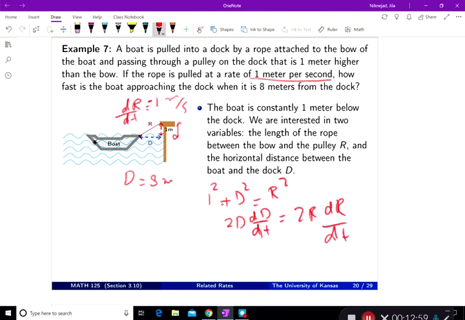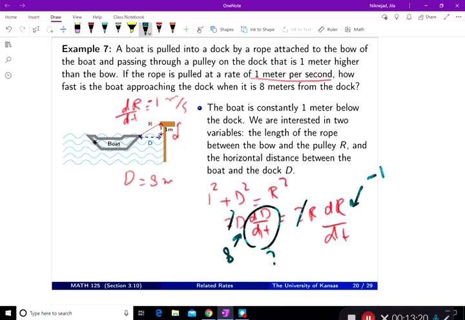And the 2's from both sides are going to be simplified. What is remaining is, I know this is 8, I know that is -1, and if I knew R, I can find this, which is what the question is asking.